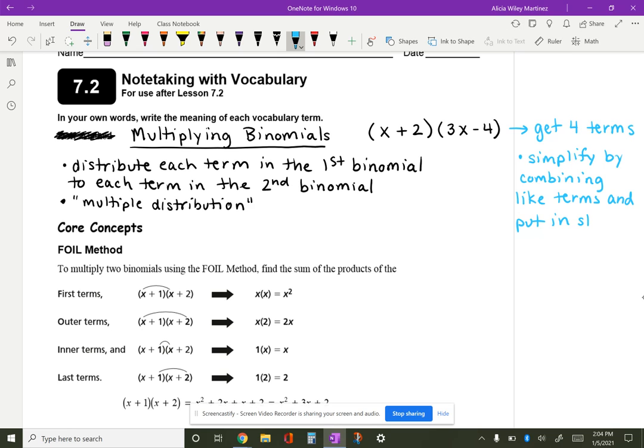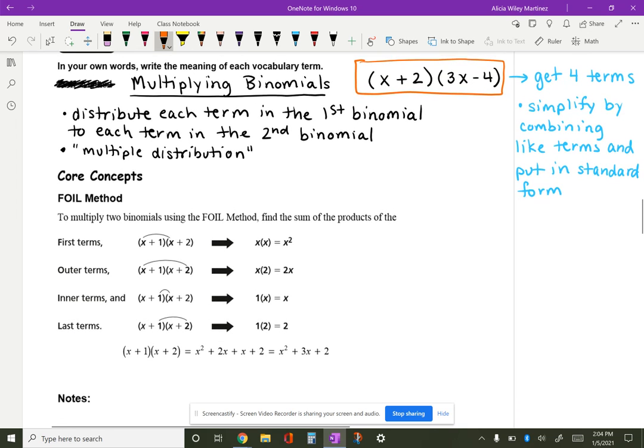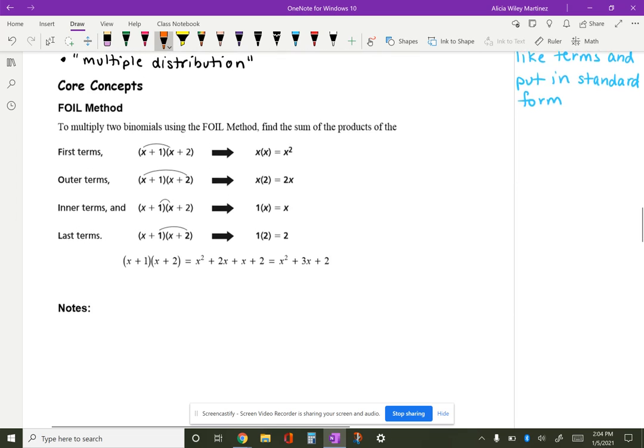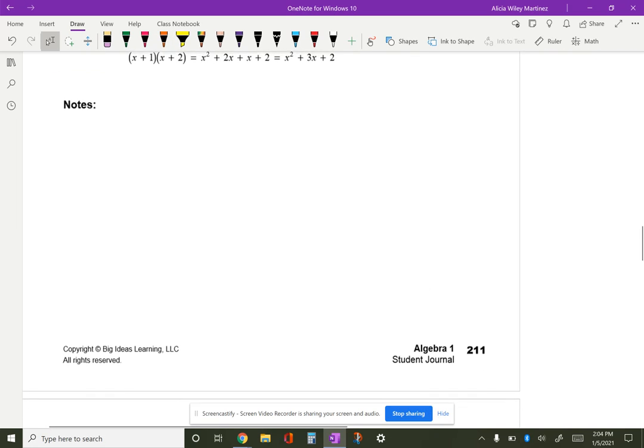Remember, standard form is the idea of putting your terms in order by exponent, something that we talked about last class as well. So this is what a lot of your problems are going to look like, something specific like this. So I'm going to take this problem and do it down below where it says notes. I'll talk about this FOIL method in a moment.